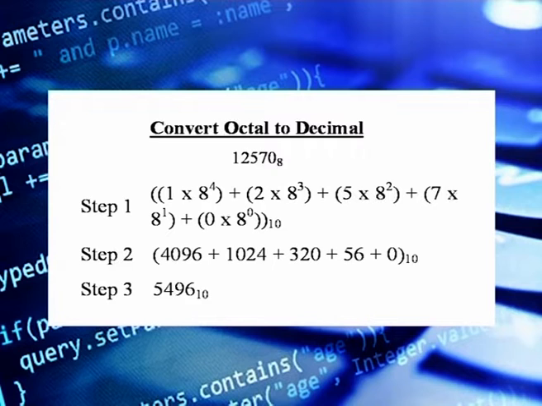Here in step 1 we have 1 into 8 raised to power 4 plus 2 into 8 raised to power 3 plus 5 into 8 raised to power 2 plus 7 into 8 raised to power 1 plus 0 into 8 raised to power 0, which is equal to 4096 plus 1024 plus 320 plus 56 plus 0, which comes out to be equal to 5496.